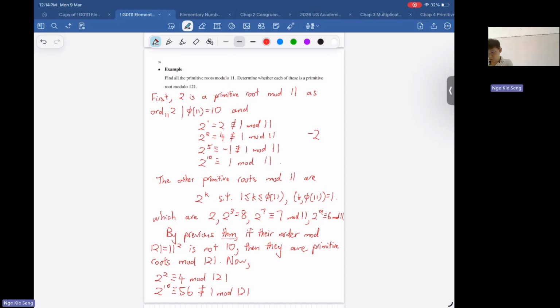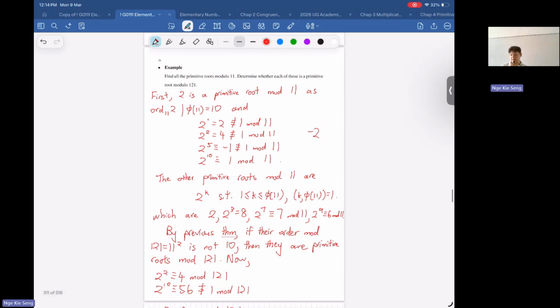Okay. So first of all, like what we saw previously, 2 is a primitive root mod 11, but you can quickly check it. And for the rest, it's just 2 to the k, where k and φ(11) are relatively prime. So there are 1, 3, 7, and 9.